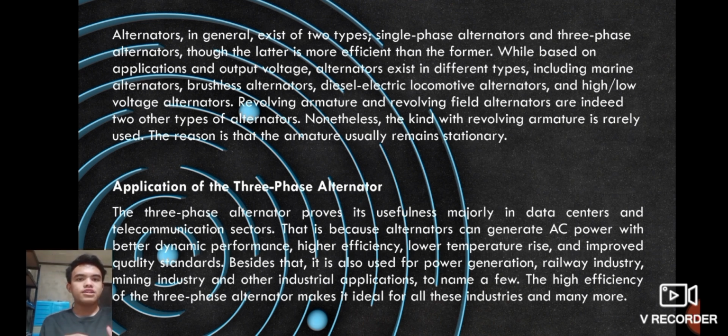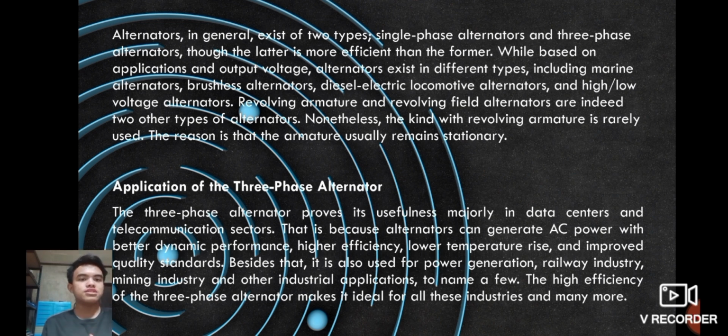Alternators in general exist in two types, single-phase alternators and three-phase alternators, though the latter is more efficient than the former. Based on applications and output voltage, alternators exist in different types, including marine alternators, brushless alternators, diesel electric locomotive alternators, and high-low voltage alternators.